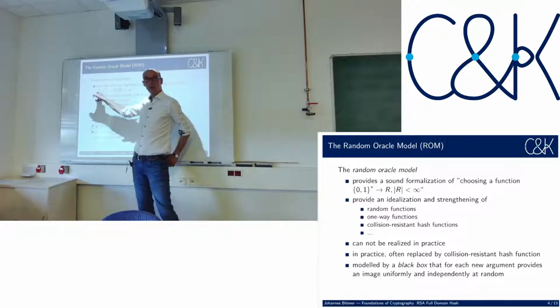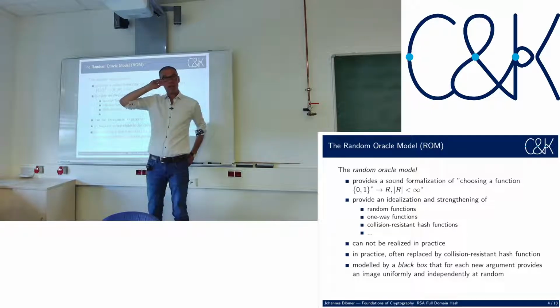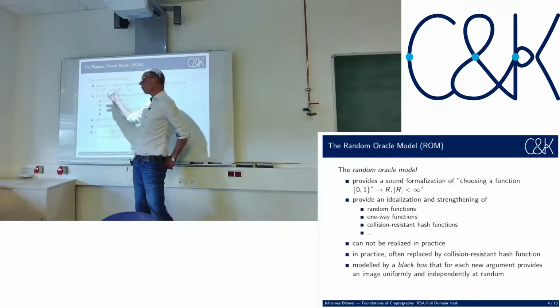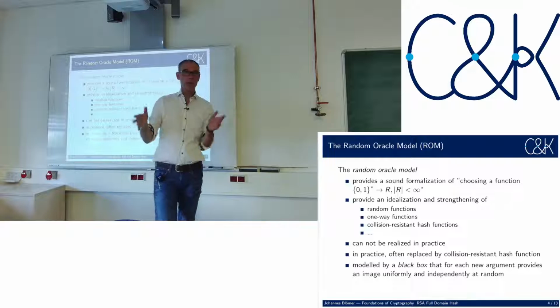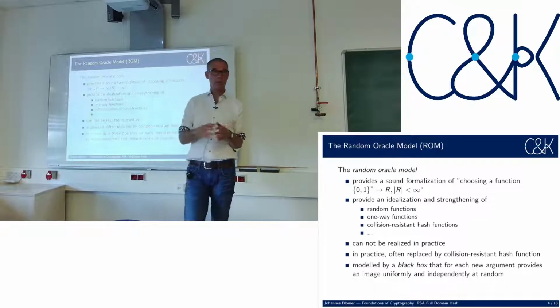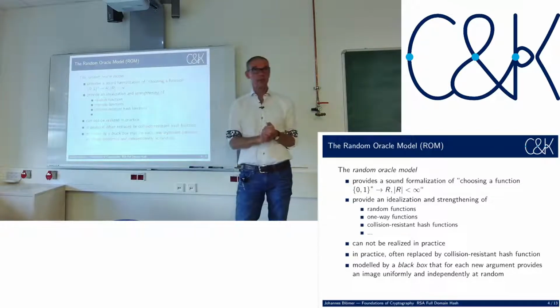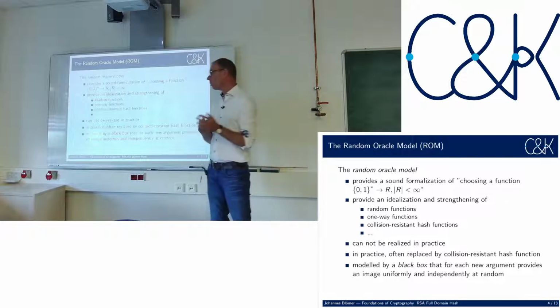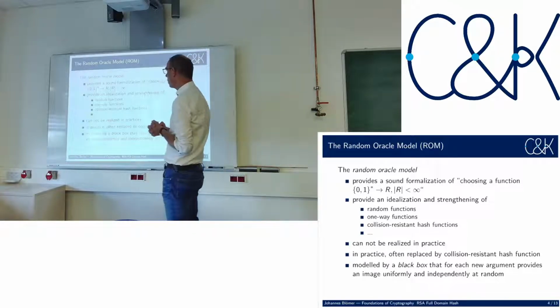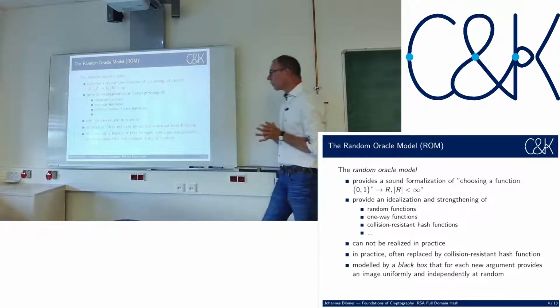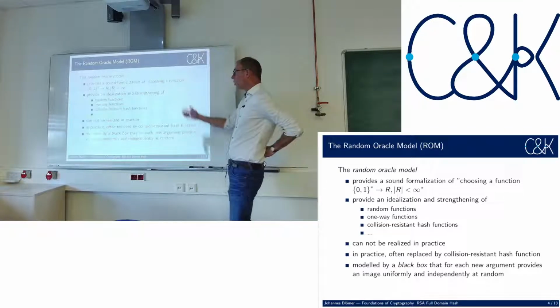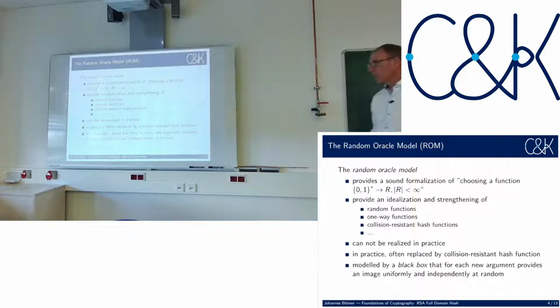Here we have an infinite domain, and there is no notion of picking a function from the set of all functions from {0,1}* to R uniformly at random, because this is an infinite domain. So we need to formalize it differently. The random oracle is one way to provide such an idealization.